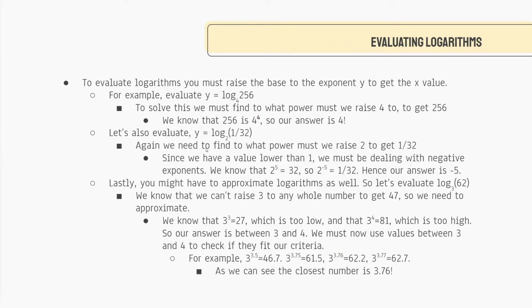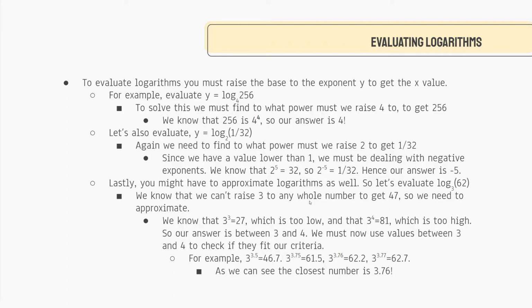So let's talk about this example now. y is equal to log of 1 over 32 to the base of 2. Again, we must find out to what power we must raise 2 to get 1 over 32. Again, we're dealing with a value that is less than 1, which would mean that we're dealing with negative exponents.